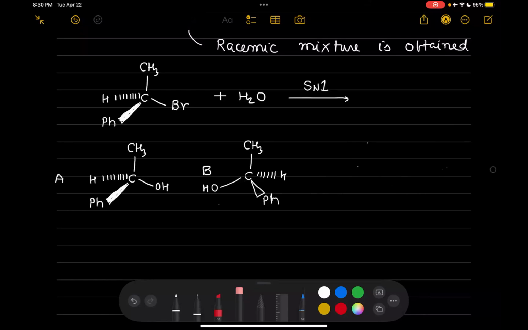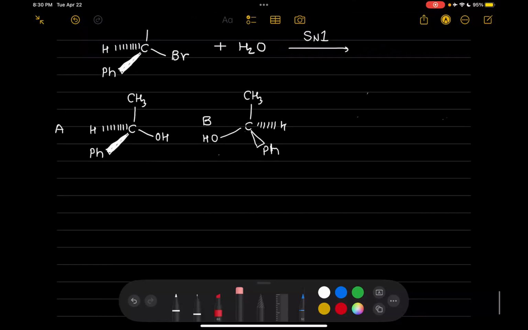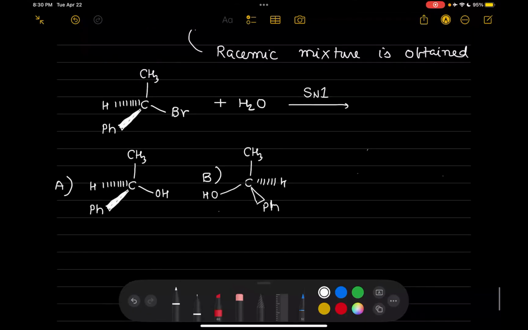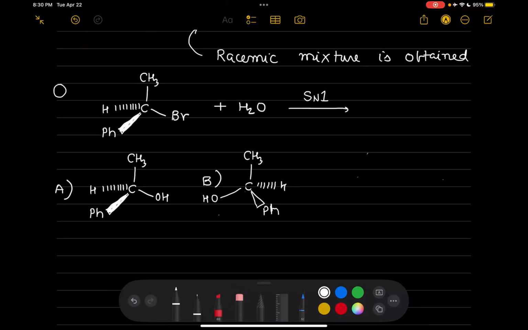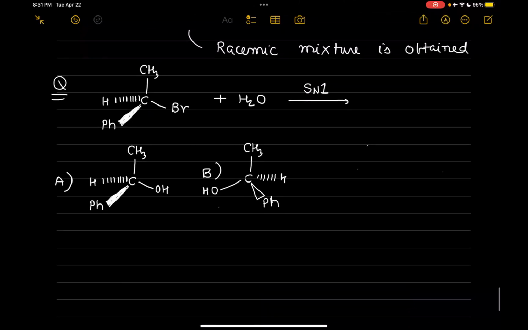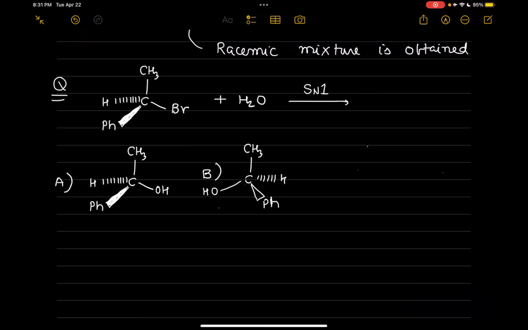Got it? So if you get only option A, what kind of observation are you getting? Will it be called inversion or retention? Just tell me quickly. If you get only A, is it retention or inversion?